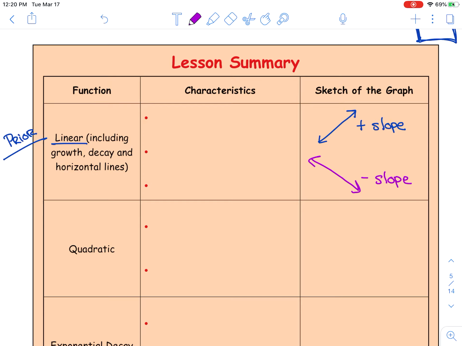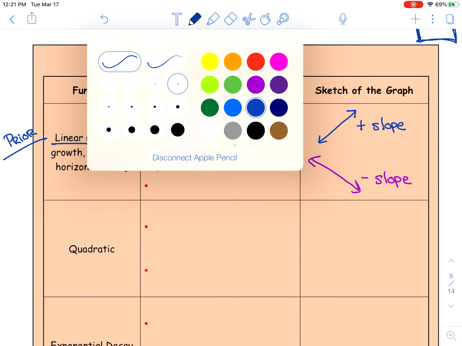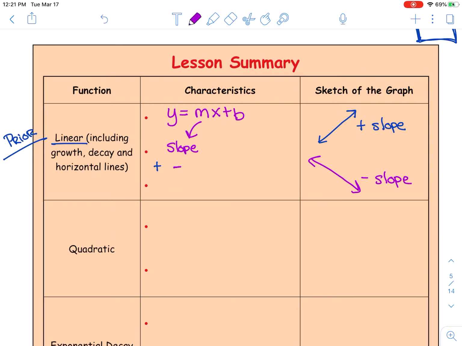Okay, and our equation for a line is y equals mx plus b, where the m is our slope, and that's our pattern, and it either has an adding pattern or a subtracting pattern. Okay, and our b is our y-intercept. That's our starting point.